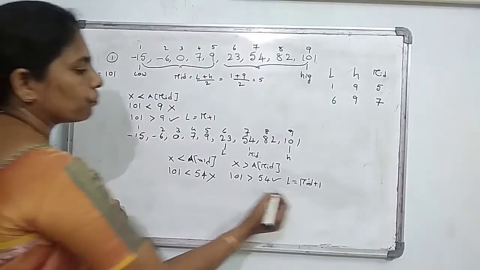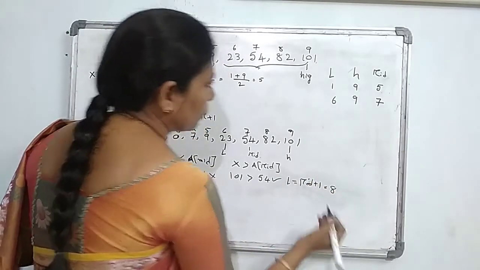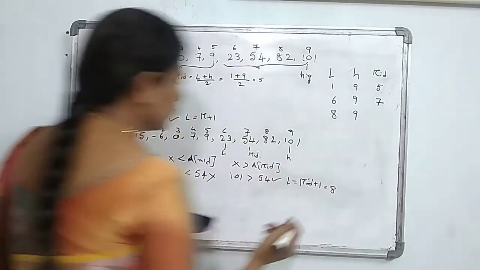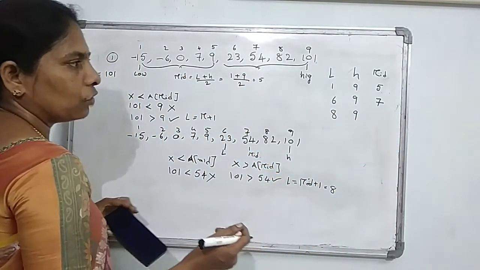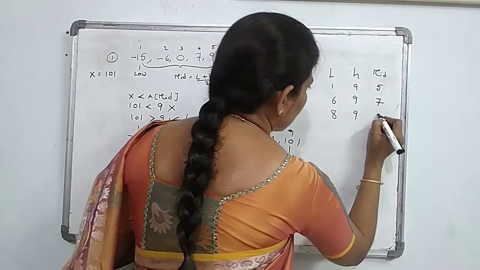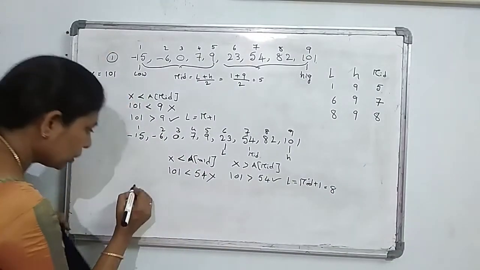So mid is 7, plus 1 is 8. Now low is 8, high is 9. Again you calculate the mid value: 8 plus 9, 17, so 17 by 2. Again you take this array.